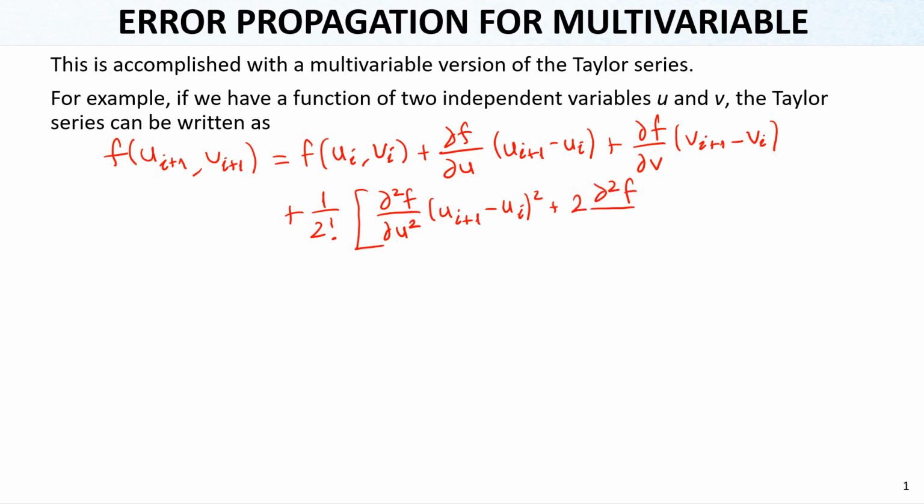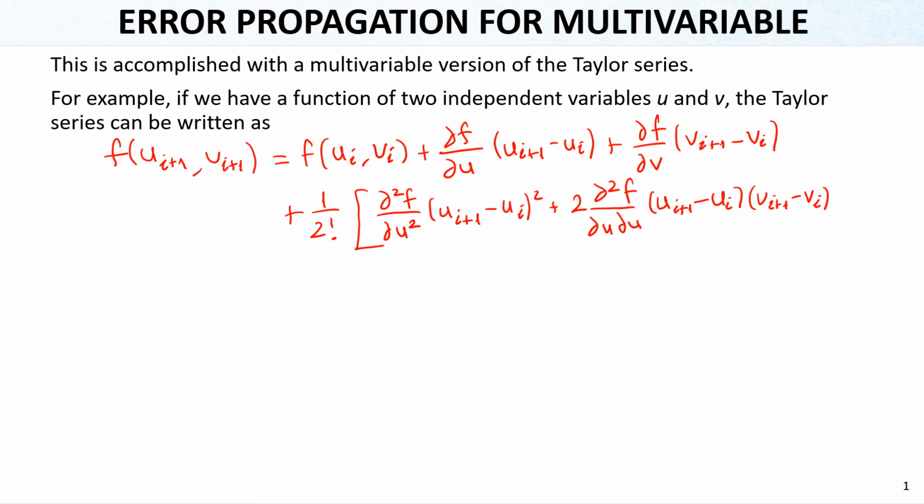Here we will have a 2 term, because not only the derivatives in terms of u and v, but also in terms of both u and v we will use, as you can see here, because it's a second order term, and the step size u_i and v_i also exists for the step size in this case.